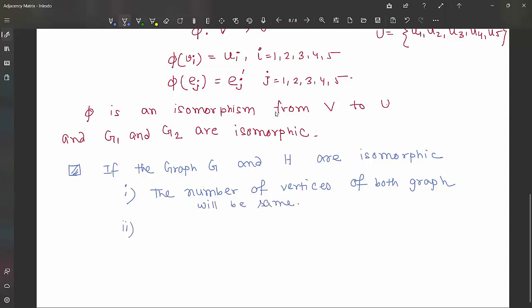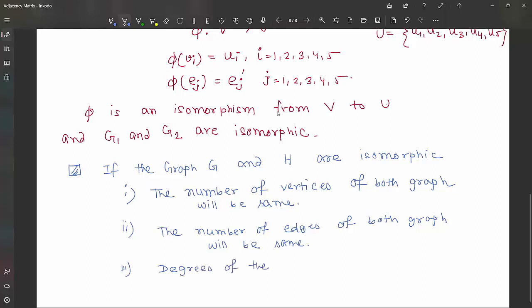Number two, the number of edges of both graphs will also be the same. And number three, the degrees of the corresponding vertices will be the same also.